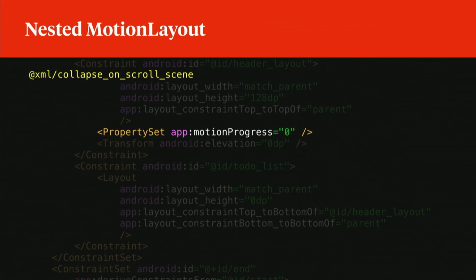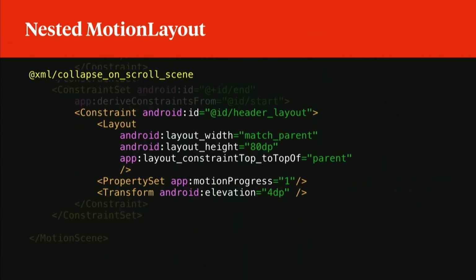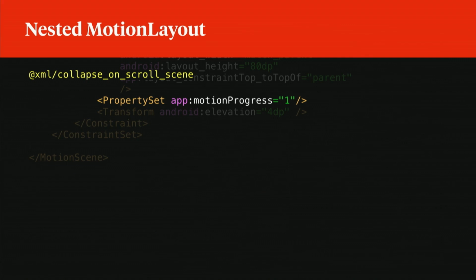So in the start state, the parent is saying to its child, hey, when I'm at my start, you will be 0. Now at the end state, again we have a header layout constraint, and again we have a motion progress property, and we're again saying from the parent, when I'm at my end state, you will be 1. So we are essentially passing the progress of the parent to the child, because the parent's progress will be going from 0 to 1 in the same exact time frame and scale that the child will be.